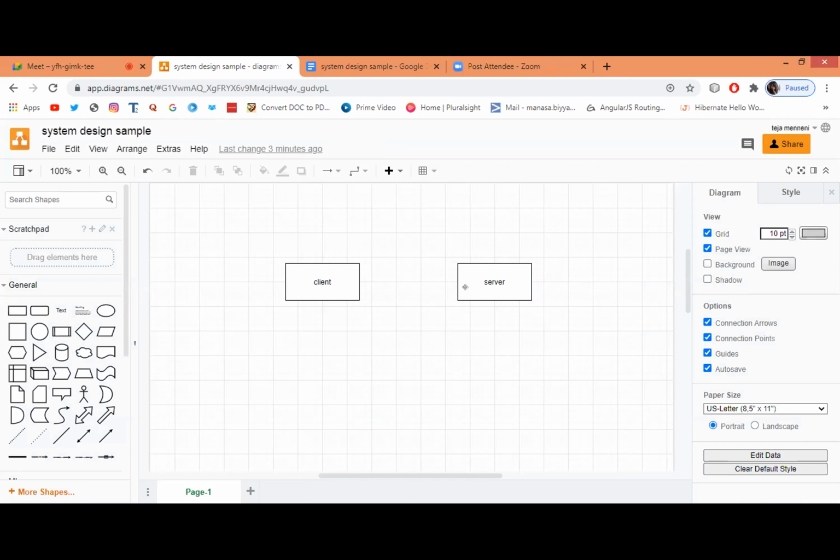So now we have a client and server. These are interacting with the rest of the systems. Let me explore the write path, uploading the files. So I am the end user, and now I want to upload files so that the rest of the people in my university can download these files.